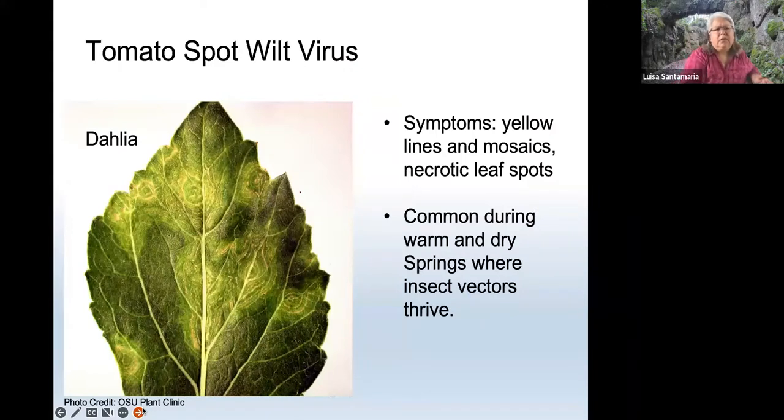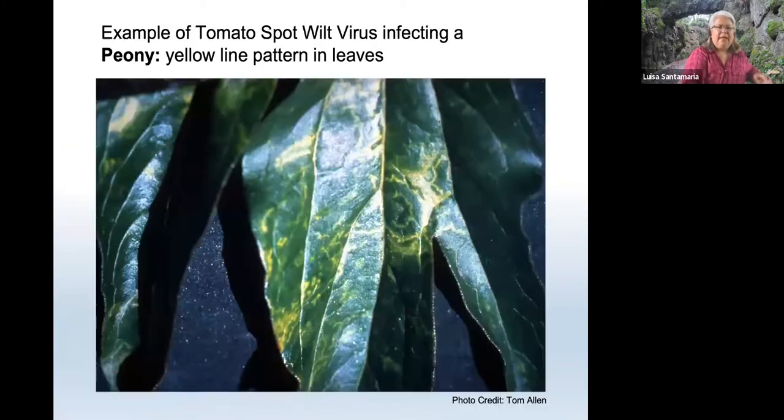Like I said, they could form specific patterns, mosaics or necrotic leaf spots. Here is one example in dahlia. This could be common during the dry spring when insect vectors are really going around the place.